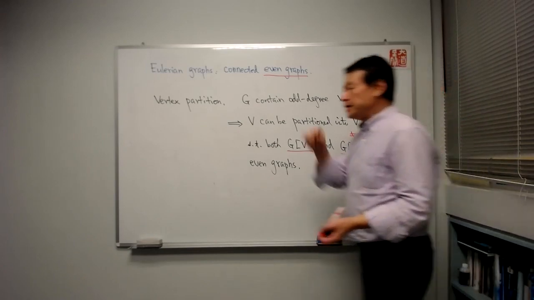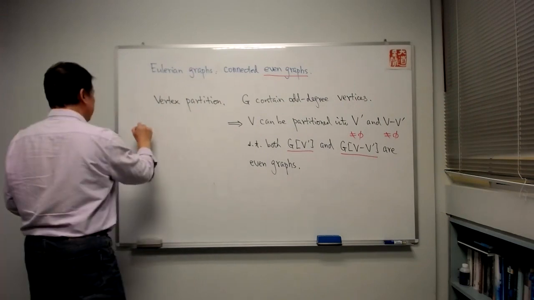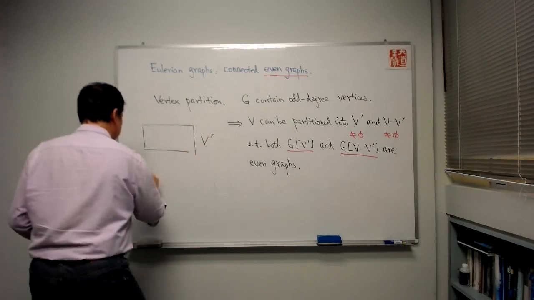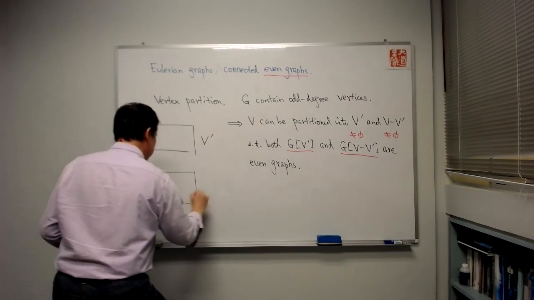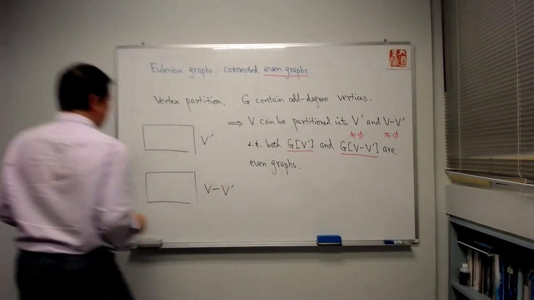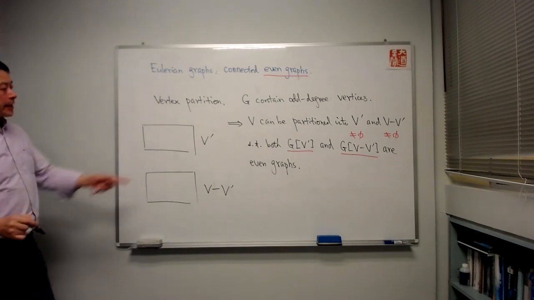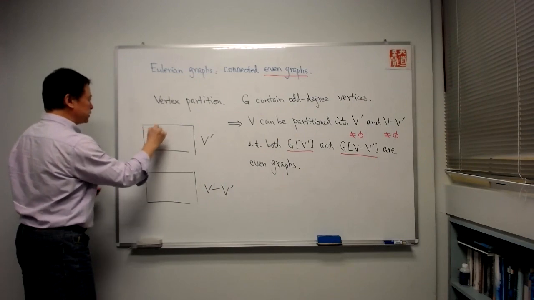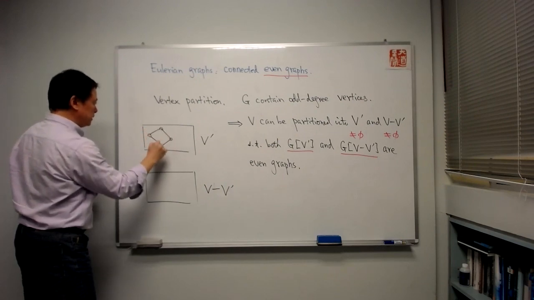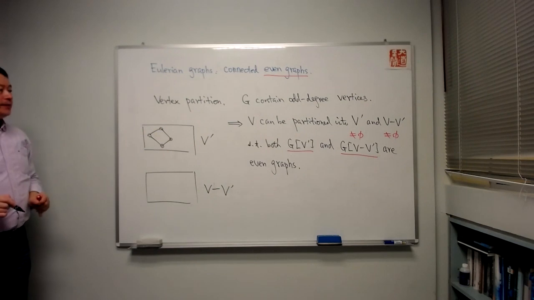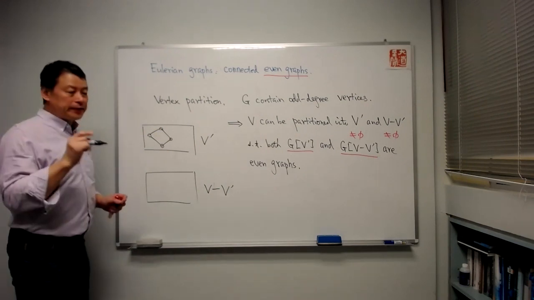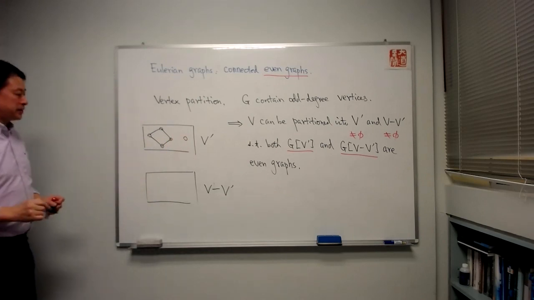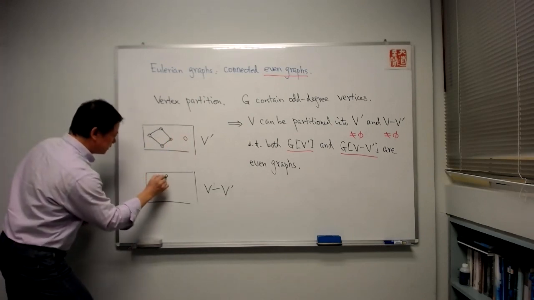So the vertex set can be parted into two parts, and these vertices will induce an even graph, for example, where every vertex has even degree. There is a special case: even degree can be degree 0. Isolated vertices are allowed.